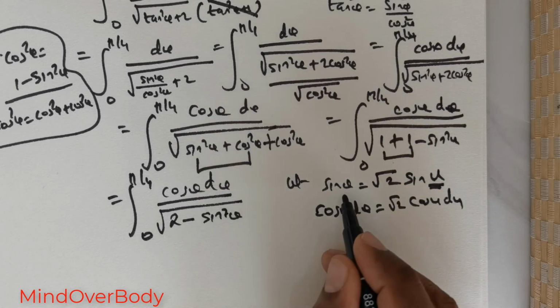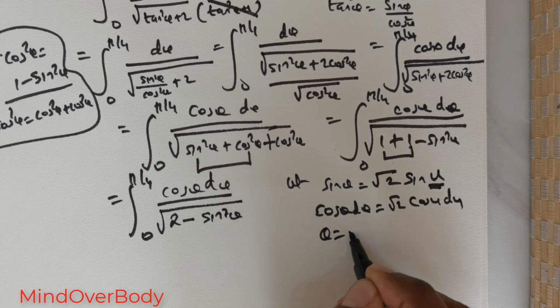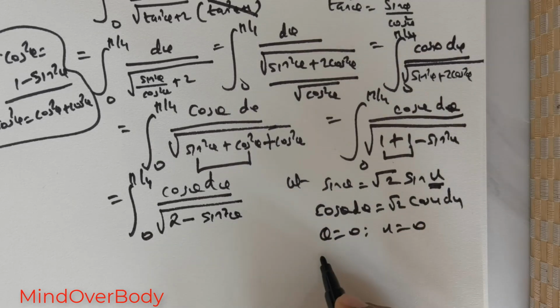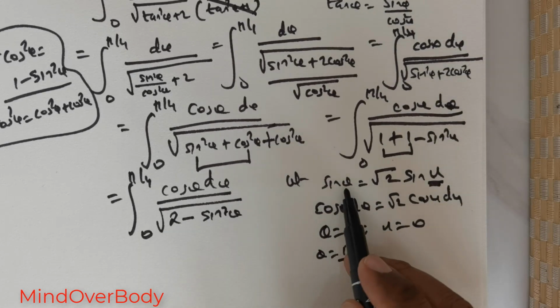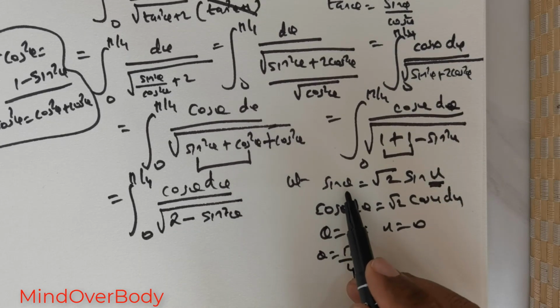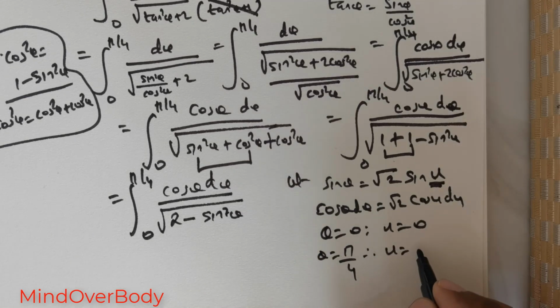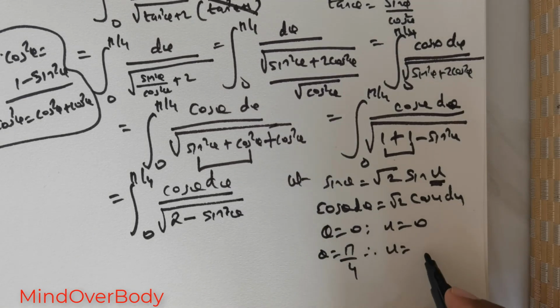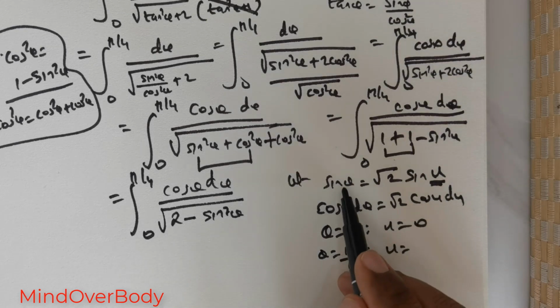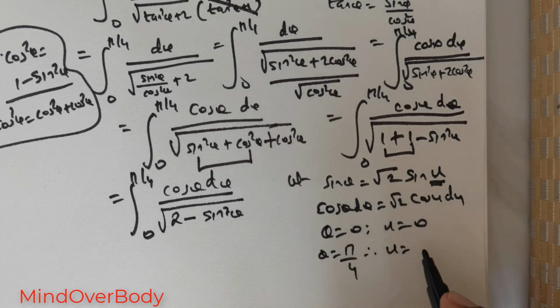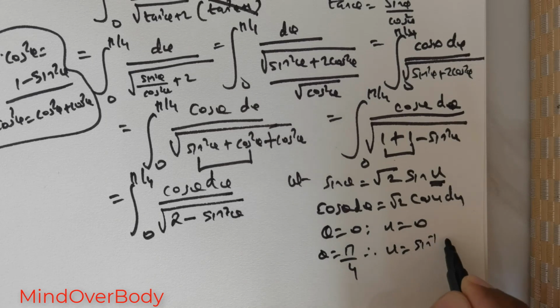If theta is equal to 0, u is going to be equal to 0, but when theta is equal to pi over 4, I get sin pi over 4, that's 1 over root 2. So u is going to be sine inverse of 1 over root 2 times 1 over root 2, that is, sine inverse of 1 over 2.